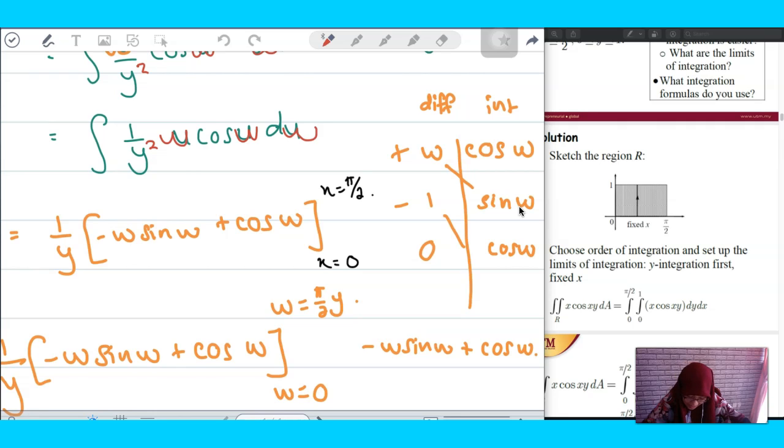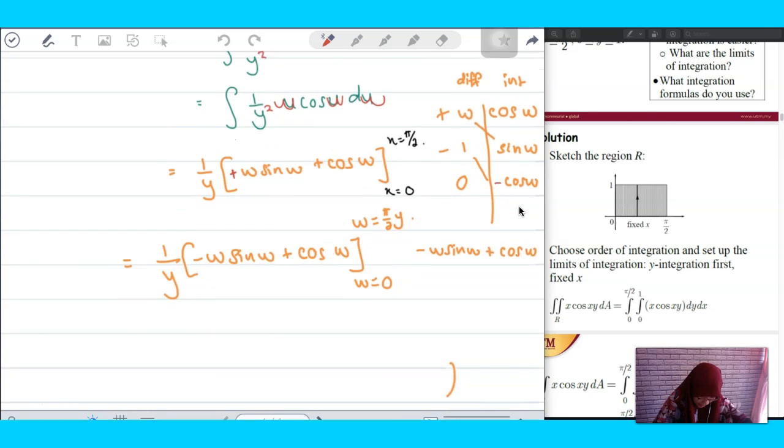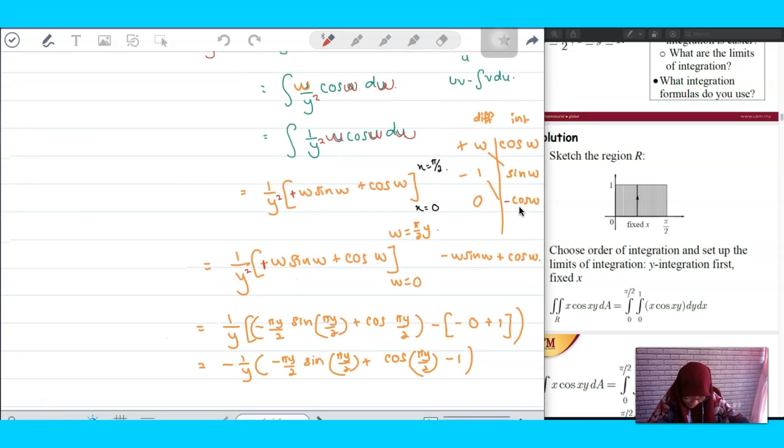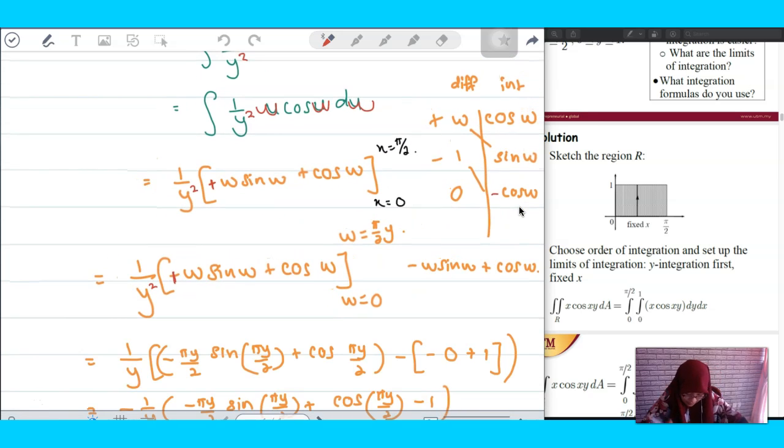And integrate sine, I get negative cos. So then this one is supposed to be positive. And positive. Okay. So this one becomes squared, and positive. Right. So this one positive.